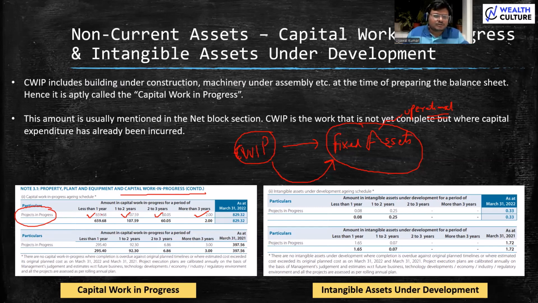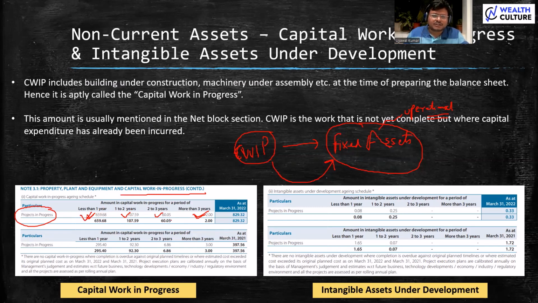Okay, so here you will also find the aging. Some assets have been in development for more than 3 years now. So this is the value of the CWIP from 0 to 1, 1 to 2, 2 to 3, and more than 3 years. So majority of the investment is happening between 0 to 1 year, right?